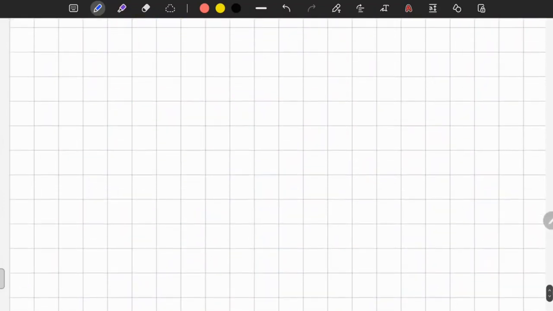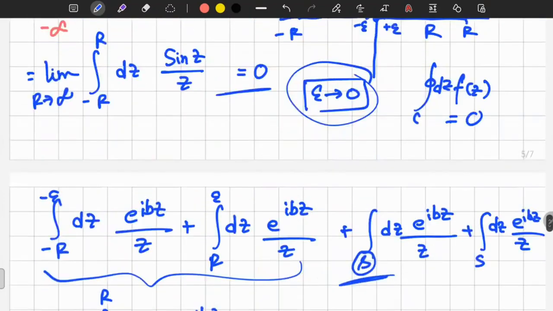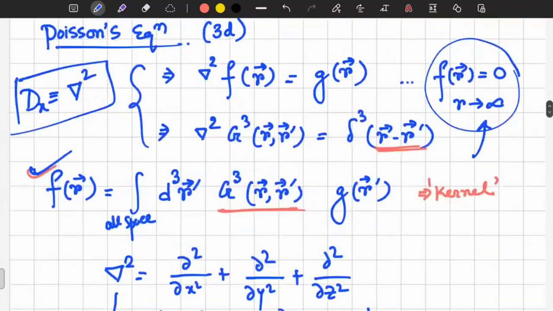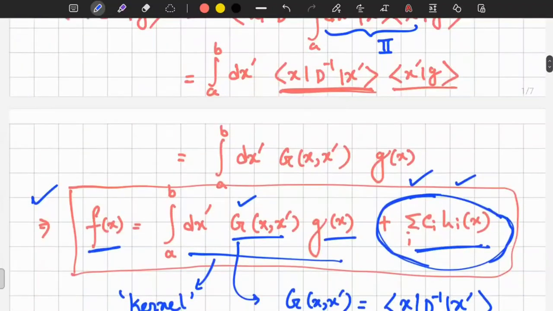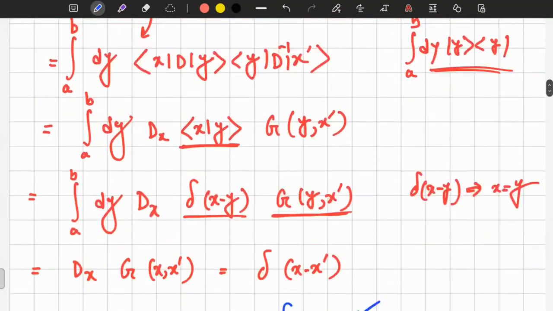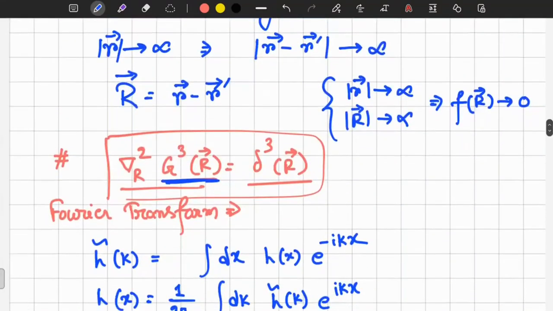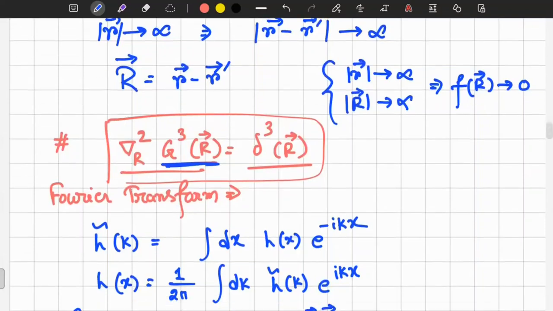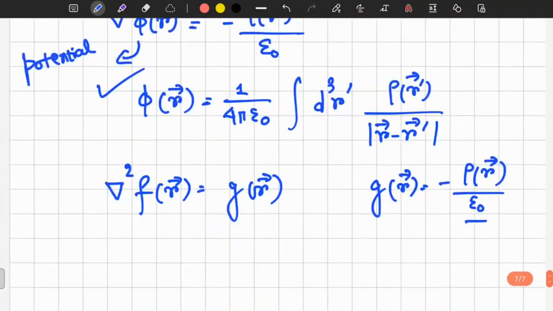I'm not going to derive that. If we derive from scratch, from the very beginning, then it will be okay. But we can't generalize the formula of 3 dimensions to 2 dimensions. We can generalize for higher dimensions, d greater than or equal to 3, but for 2 dimensions the result will be different.